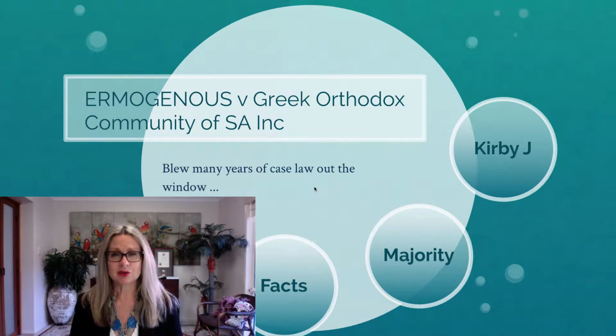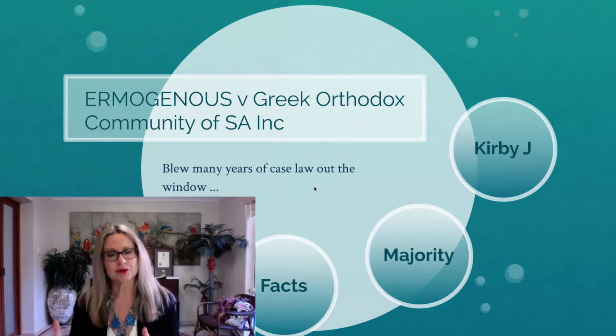Well, the law does change at a glacial pace. It moves forward very hesitatingly, and so it's sometimes reluctant to let go of what's gone before and forge on into a brand new way of doing things, and for very good reason.